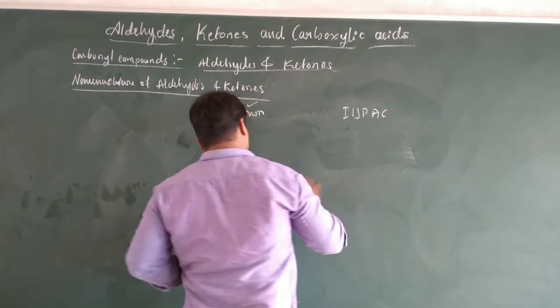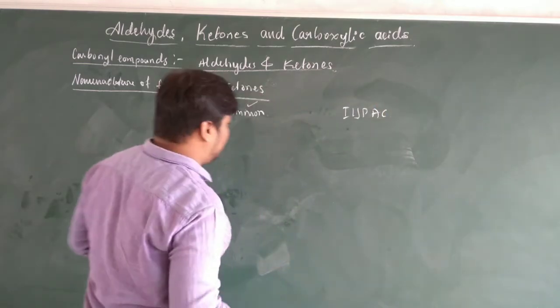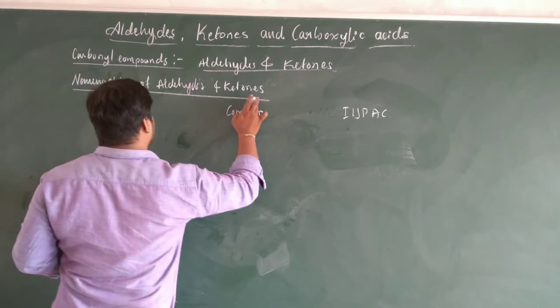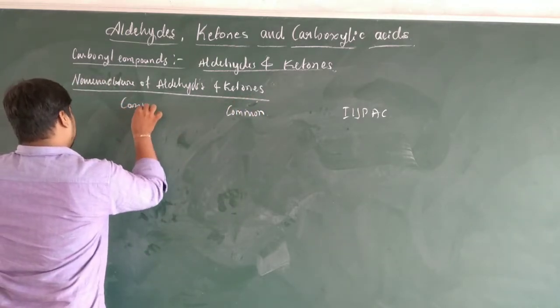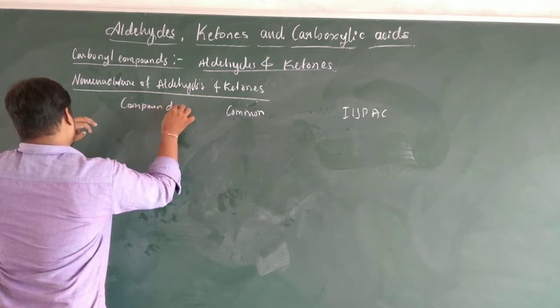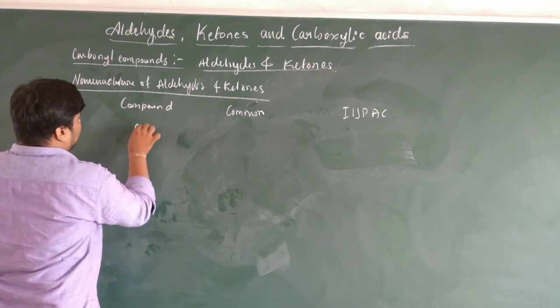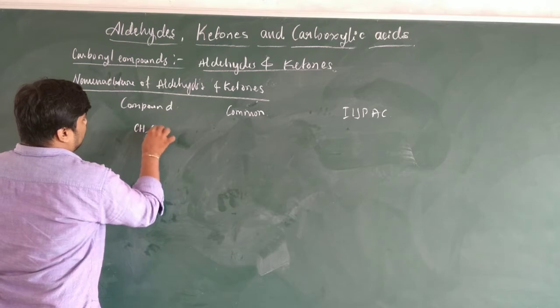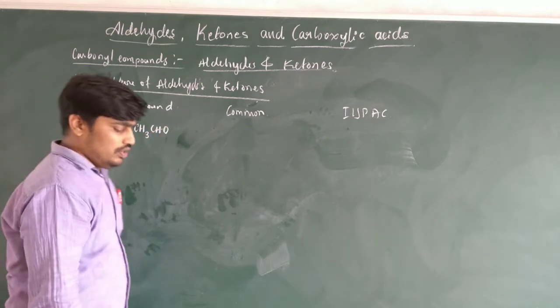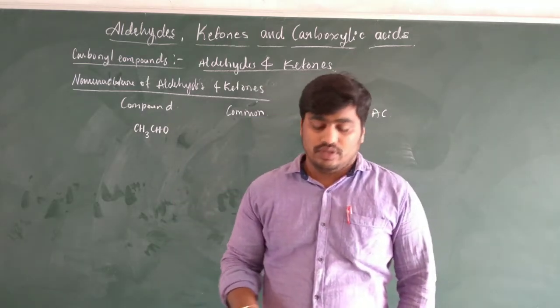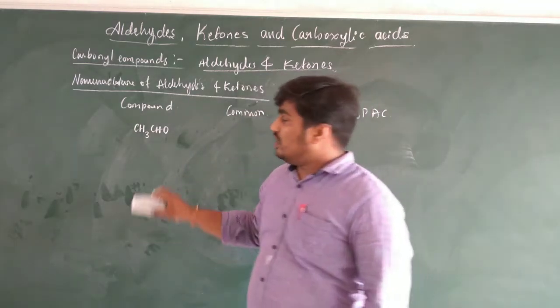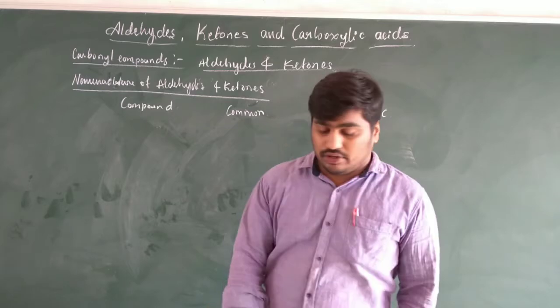Let us discuss the nomenclature of a few compounds. First, aldehyde. CH3CHO. What is the first member of aldehyde? What is the first member of ketone? I would like to start with the first member of aldehyde.